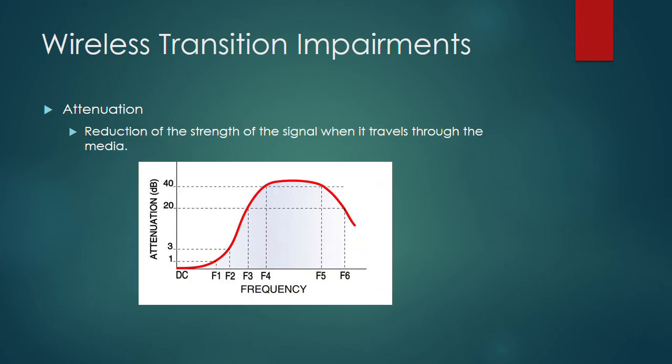And attenuation is a reduction of the strength of the signal when it travels through the media. In copper conductors, this happens due to heat dissipation. And in wireless radio transmission, this happens due to atmospheric absorption by water.